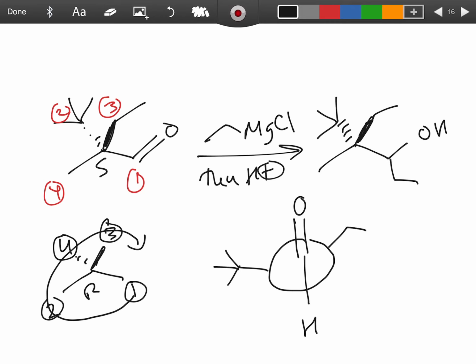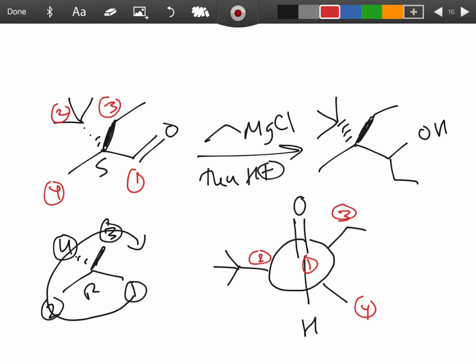We'll see. If it was this and we went 1, 2, 3, this is 4. If we look down on it, that looks like it's clockwise. If we're going aldehyde, tert-butyl, ethyl, clockwise, that's R. So that's not the right stereocenter.